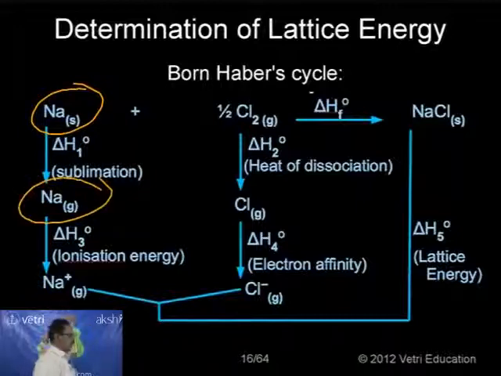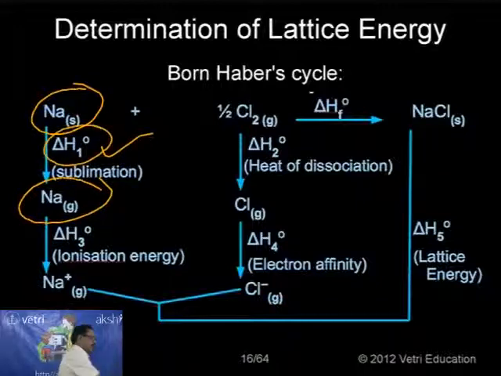That we call the heat of sublimation. The term I am using here is delta H1 dot. Delta H1 dot is the energy required to convert 1 mole of solid sodium to 1 mole of sodium gas. Whatever energy is required, we call it the heat of sublimation, indicated by delta H1 dot.